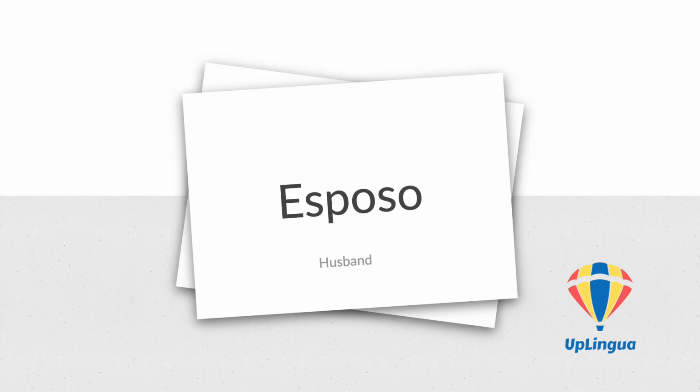Esposo, husband. Try pronouncing one time after me. Now let's try pronouncing this using English pronunciation. The es just becomes the letter s, so it's pronounced as s. The po becomes po.